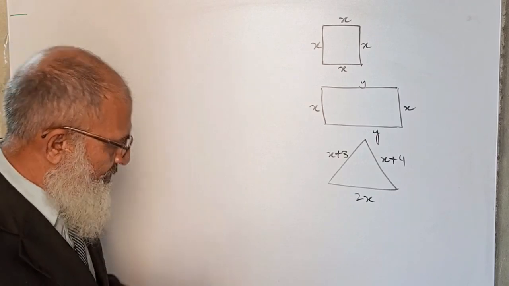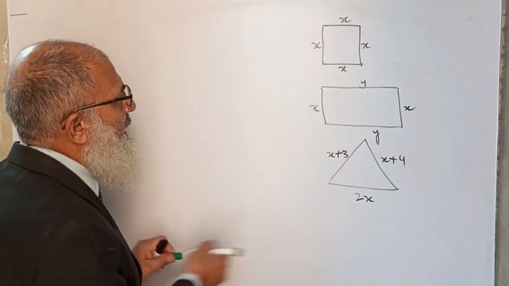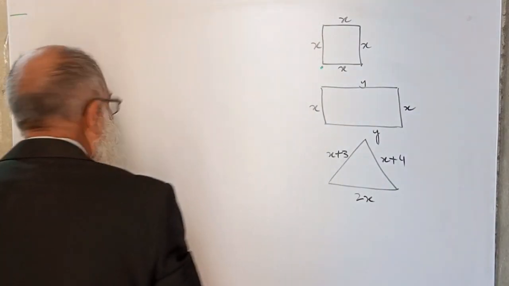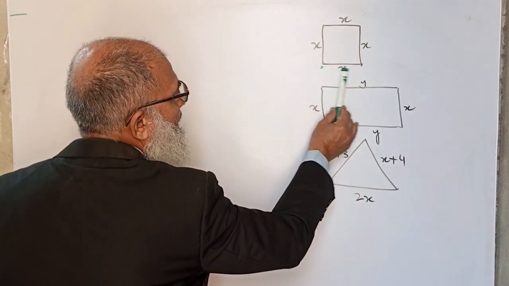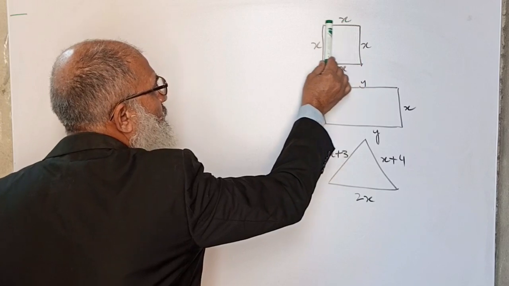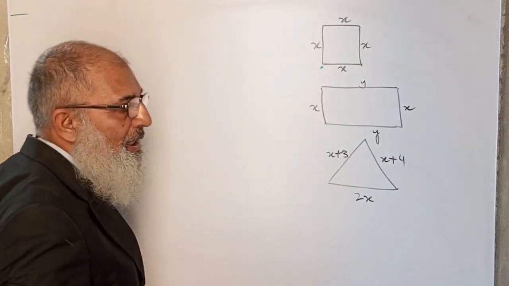The perimeter: suppose you are standing over here, and you keep on walking like this, and you go towards this direction, and you come back towards this direction, and again back to this direction.